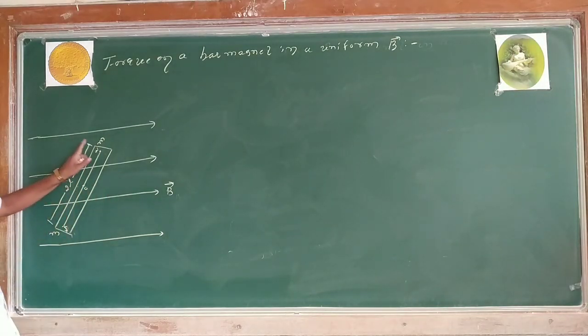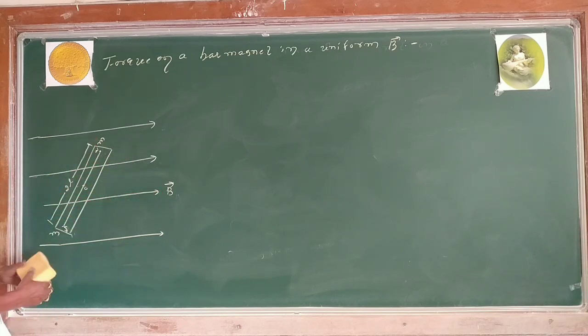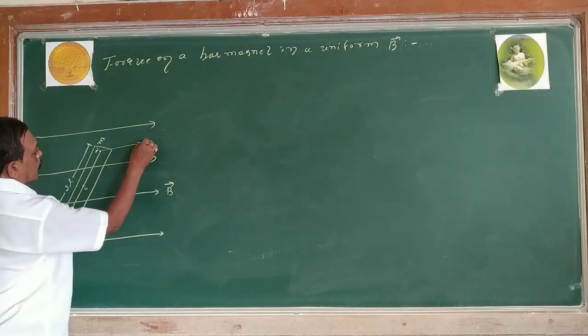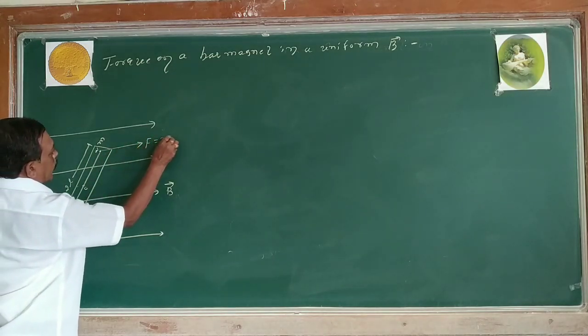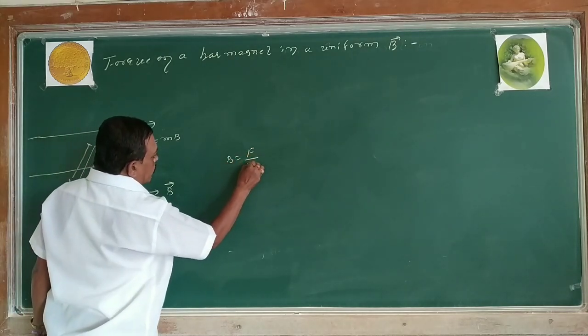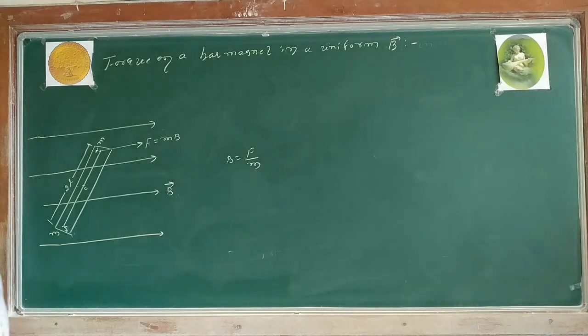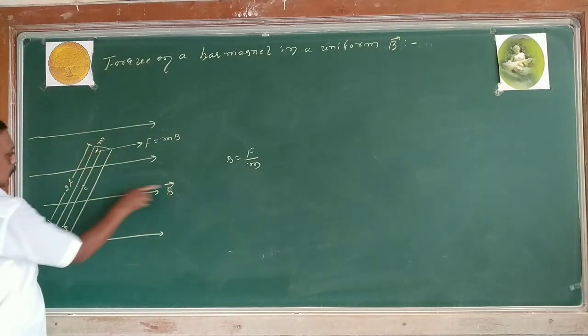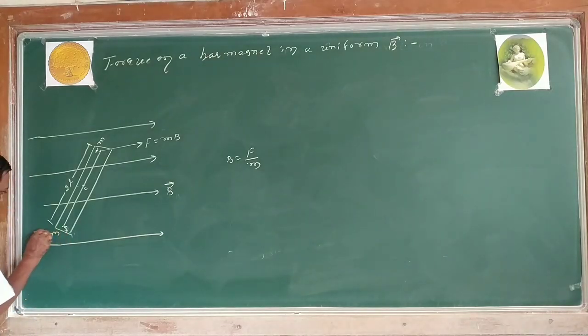When the magnetic dipole is in the region of an external magnetic field, it experiences a force. F equals m into B. We know that magnetic field equals force experienced by the test pole, then F equals mB. So the north pole, positive, experiences force along the direction of the magnetic field. The south pole also experiences a force, but in the opposite direction.